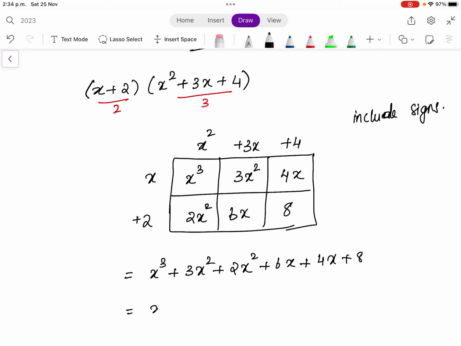That is equal to x cube plus 5x square plus 10x plus 8. This method can be used for any algebraic expression. So either you use the first method or the second method and try continuing the simplification.